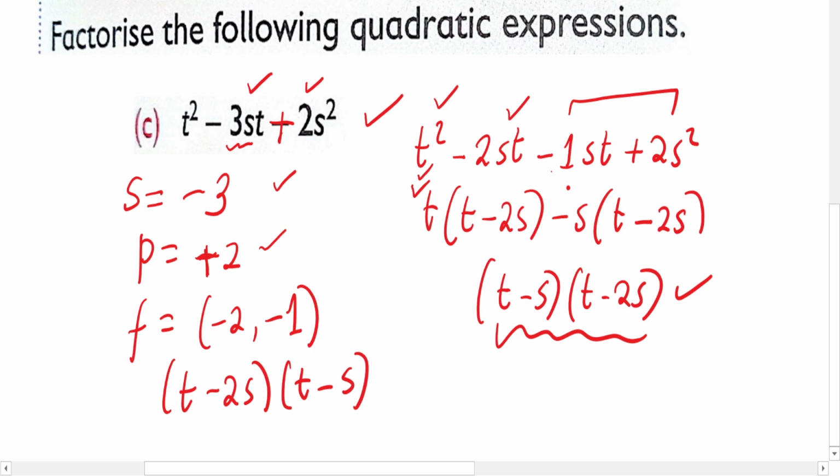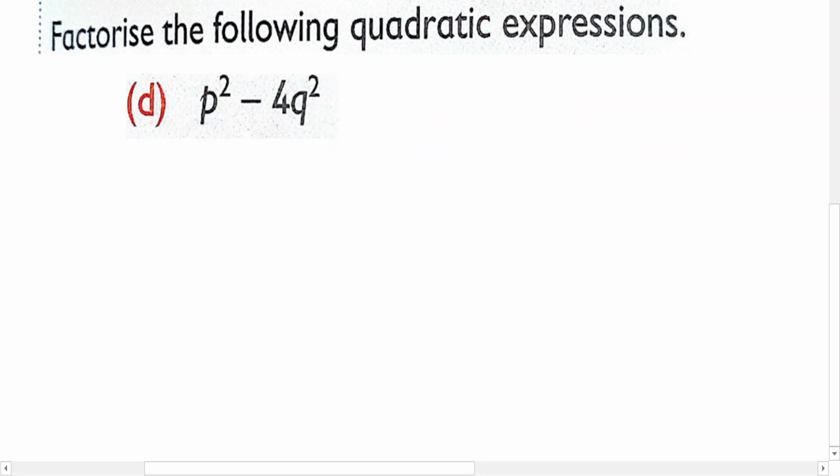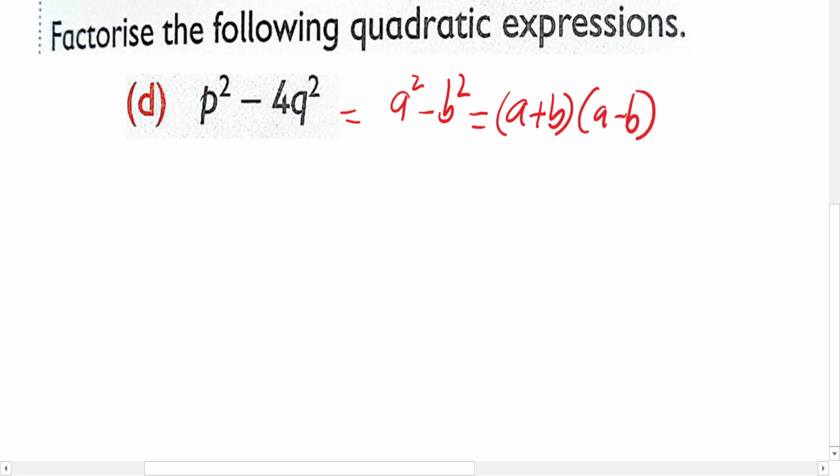So yeah, let's go to the other question. Now for the last one, which is p squared minus 4q squared. This one looks like the identity for a squared minus b squared, and we say that if you factorize this, you get a plus b times a minus b. So the simplest way of doing such a question is you square root the first one and you square root the second one.